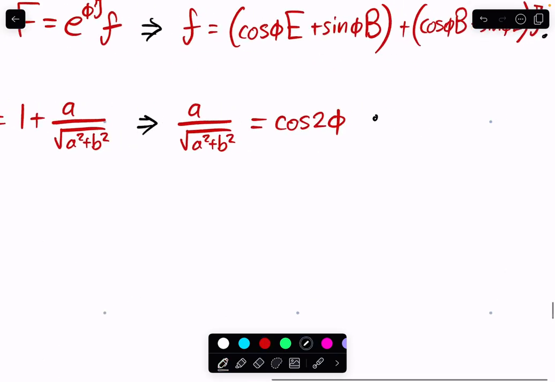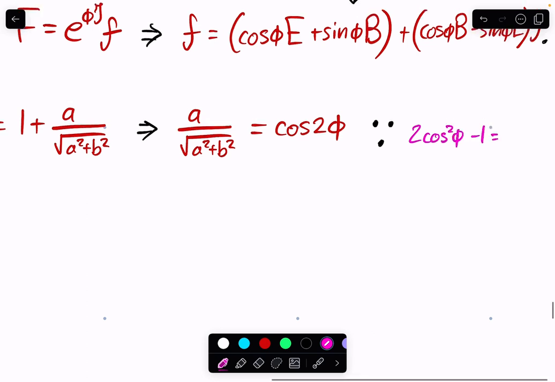And the specific trig identity that gives rise to this is 2 cosine squared phi minus 1 equals cosine 2 phi.